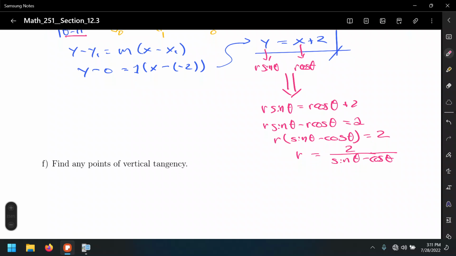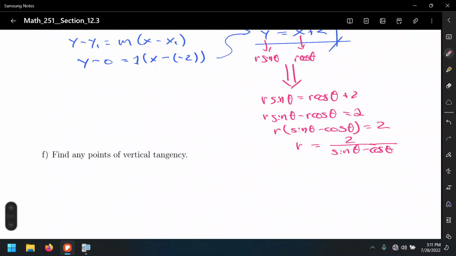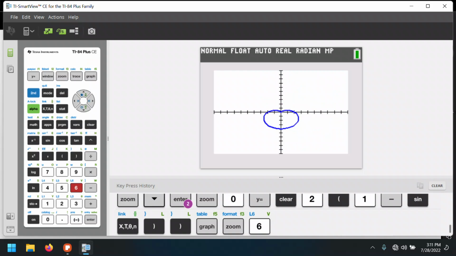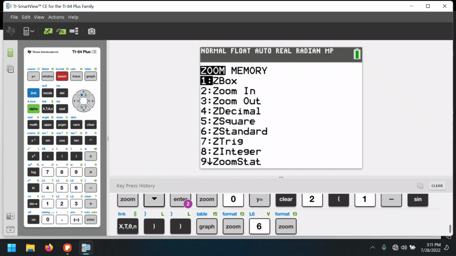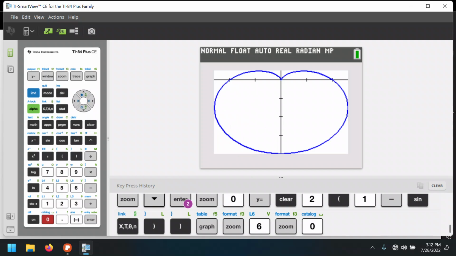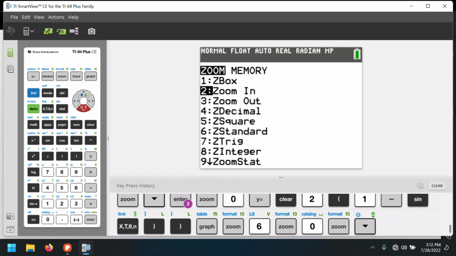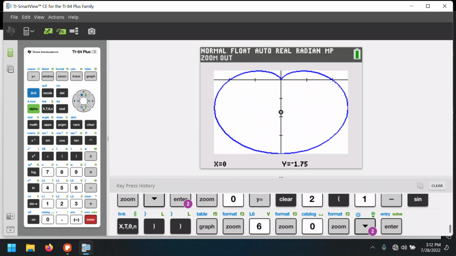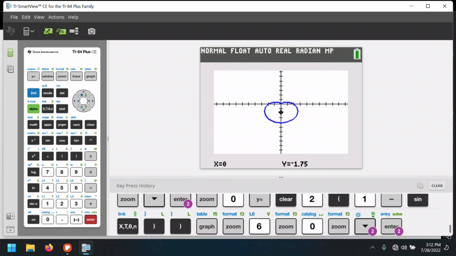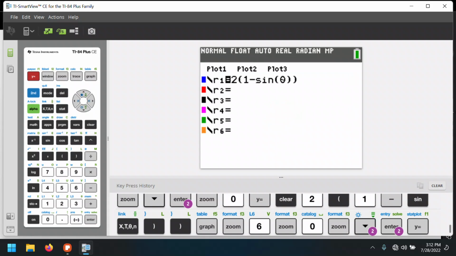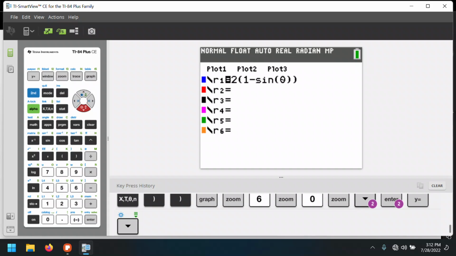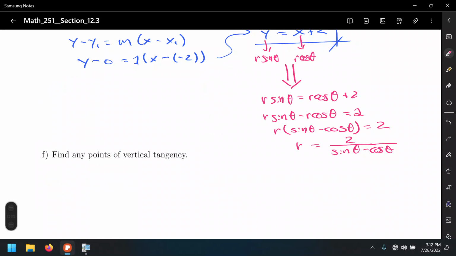And we may now go back to the picture, to the graphing calculator. Okay, let me do some zoom fit perhaps. No, maybe a little bit less. Zoom out a little bit. Well, it did a lot of zoom. Anyway, so on r2, let's type the equation that we just found. But be careful when typing these equations.